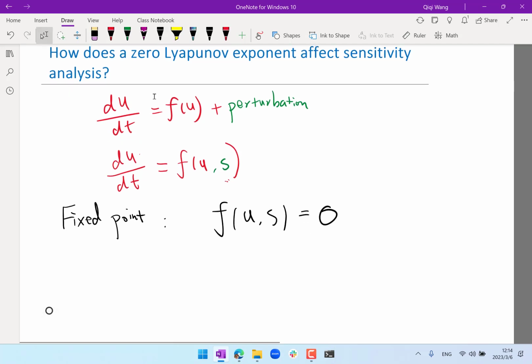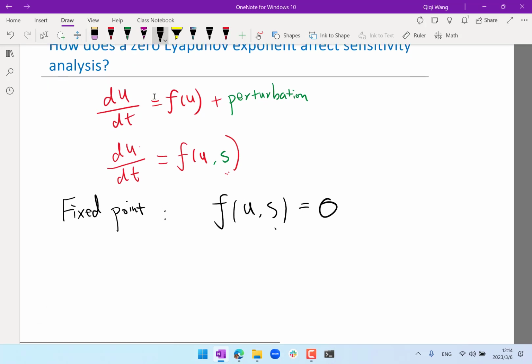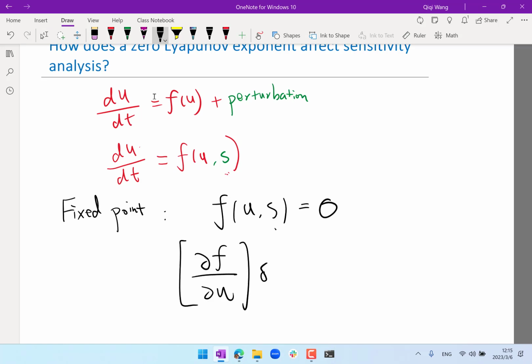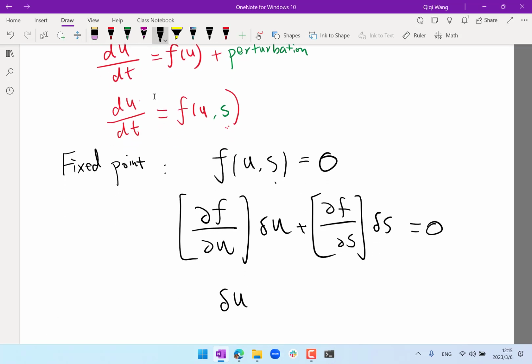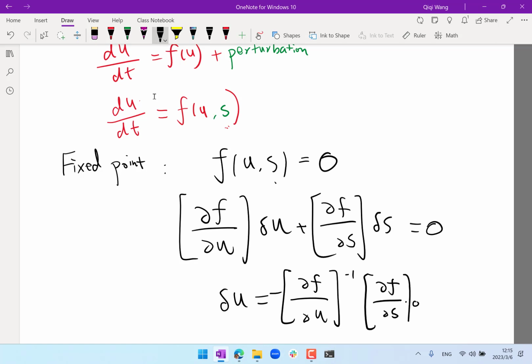If you want to know how a small perturbation in s affects the solution u, you just linearize the system: partial f partial u times delta u plus partial f partial s times delta s equals 0. Then delta u is the Jacobian inverse times minus partial f partial s times delta s.